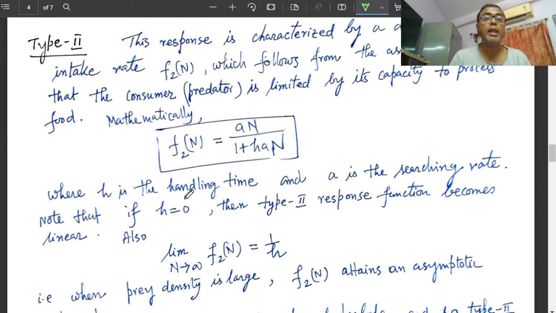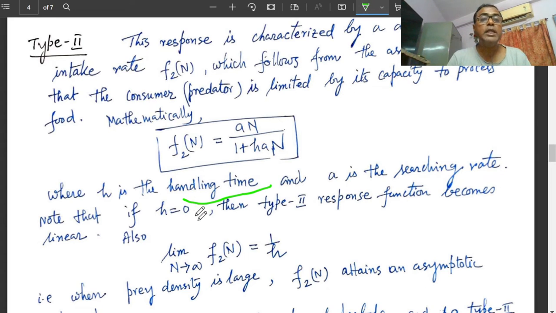Handling time is the average time taken by a predator for consuming and subduing a captured prey before searching for the next prey.